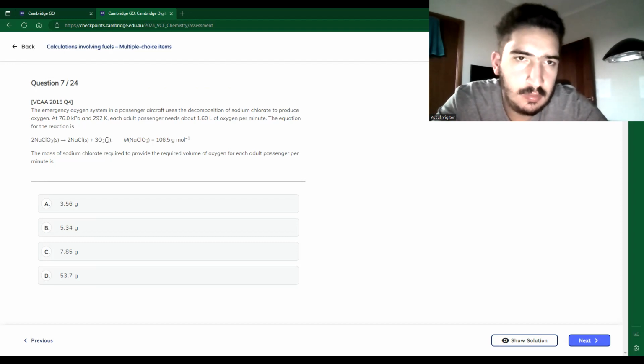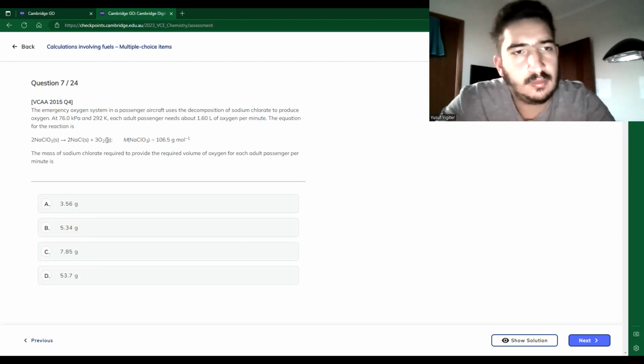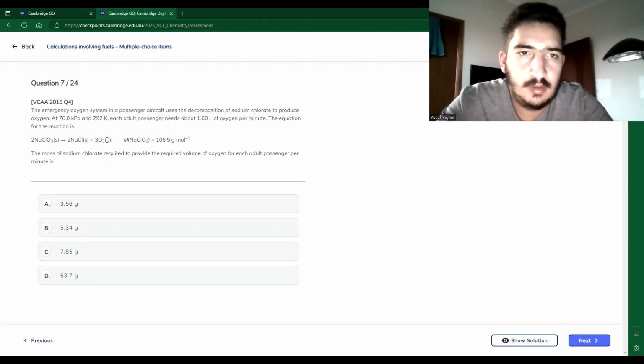So what do we need to know? Let's see. The mass of sodium chloride, that's what we're looking for. So oxygen is 1.6. Are we looking for temperature?